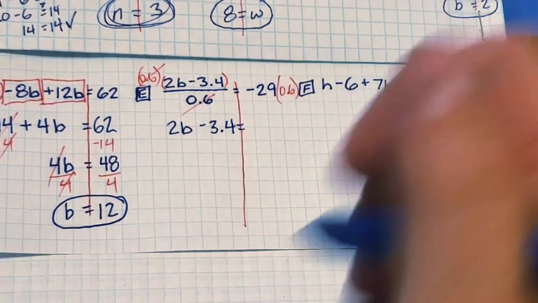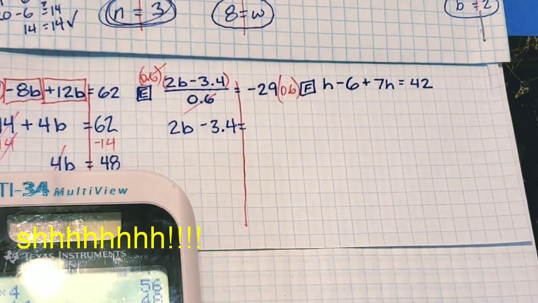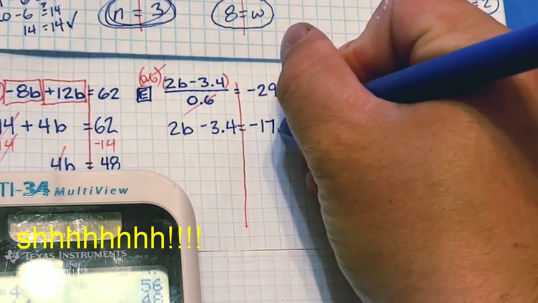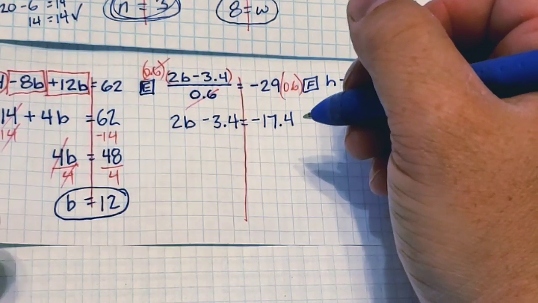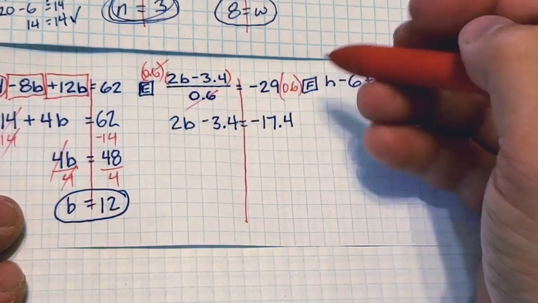All right, let me see if I can do this one in my head. A negative 29 times 6/10 is, if my memory serves me correctly, a negative 17 and 4/10. All right, no trickery involved. Now all we've got left is a two-step equation.